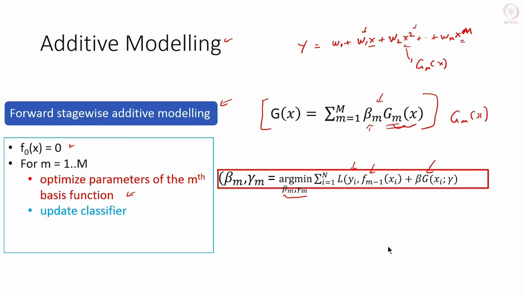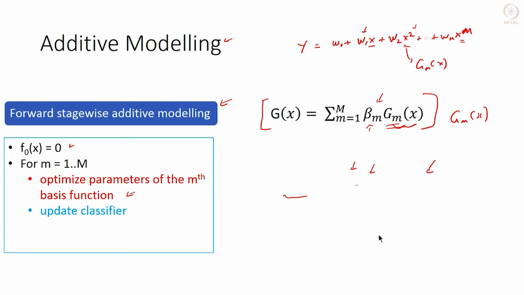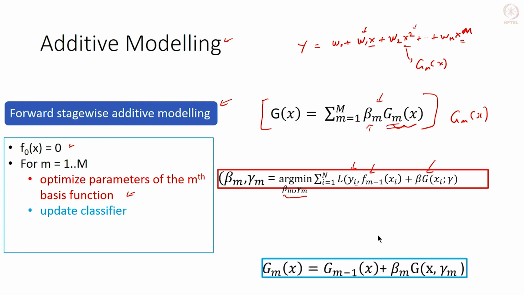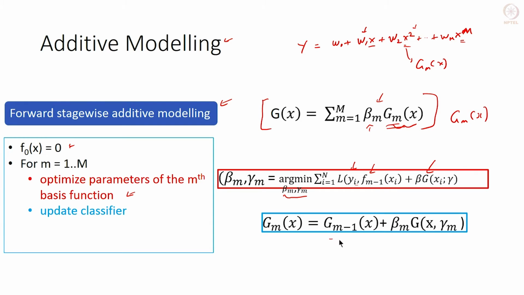So, beta and g are what we have to figure out in this iteration, when we make no changes to the parameters involved in the classifiers and the betas from the previous iterations. Once you have done that, we update the classifier by adding it with an appropriate weight, which is the basis for the AdaBoost algorithm that we have seen.